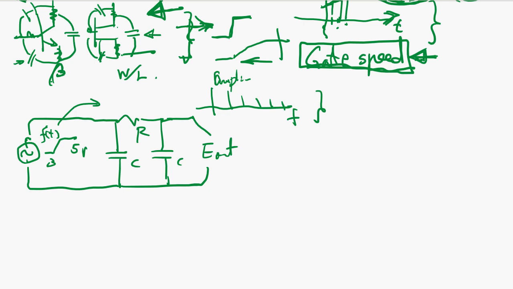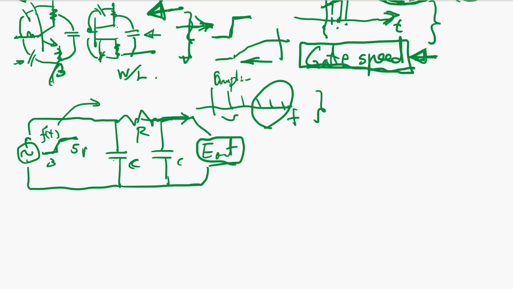When the frequency, the higher frequency component of this step function, the higher the frequency, the capacitor becomes like a short circuit. So it doesn't contribute to the E output. So what's happened is this is called low pass. Only the lower frequency is going to show up here.